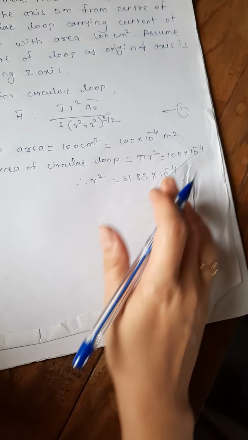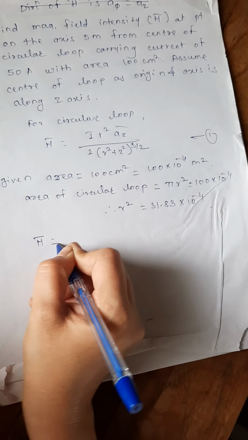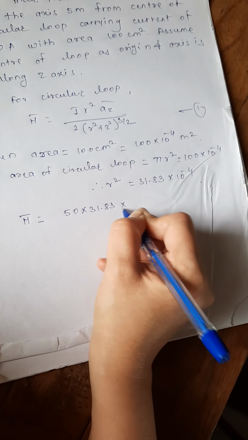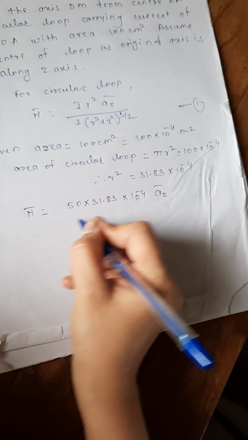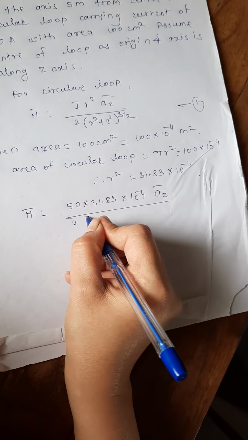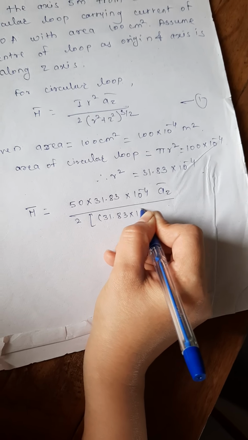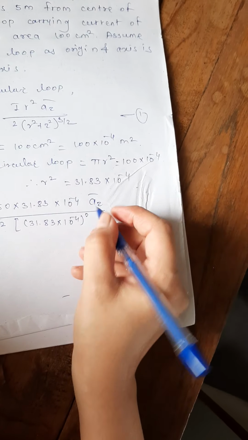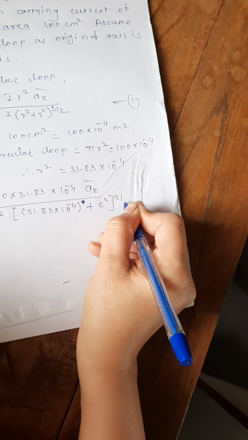So we put these values in equation number 1, and equation 1 becomes H bar is equal to 50 into 31.83 into 10 raised to minus 4, az bar, divided by 2 into r square, which is 31.83 into 10 raised to minus 4, plus 5 square, raised to 3 by 2.